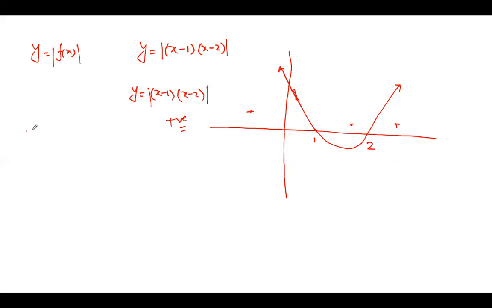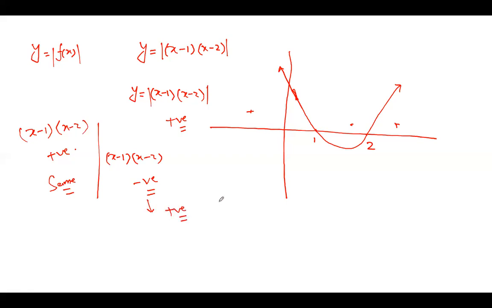When (x minus 1)(x minus 2) is positive, the graph is the same. When this quantity is negative, we have to convert it to positive. How do we convert this to positive?